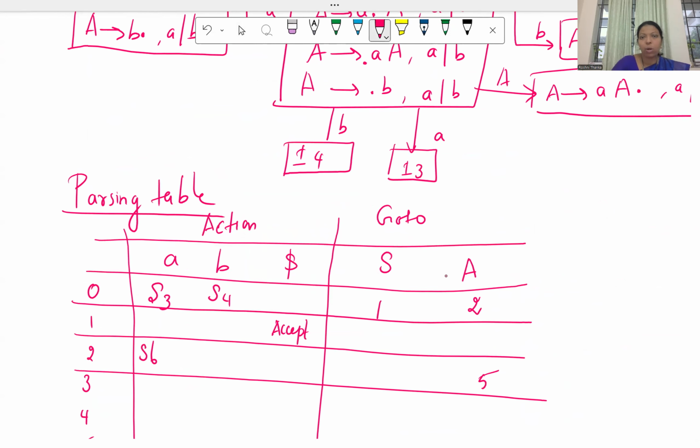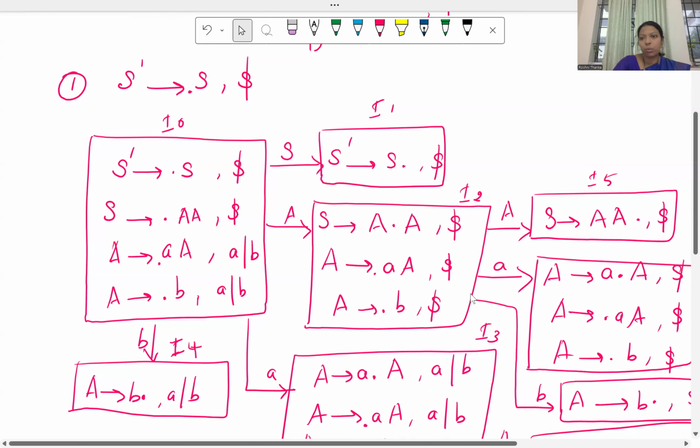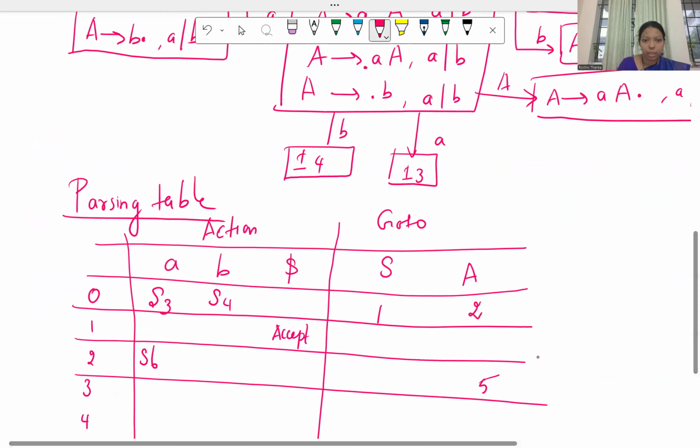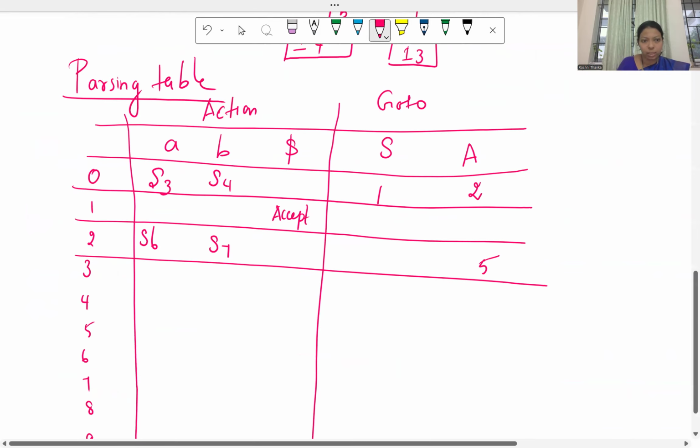On small b, it is going to the state called I7, so I'll write S7, shift 7, where 7 is the state number. Since it is a terminal here, we write shift S7. So that's it.